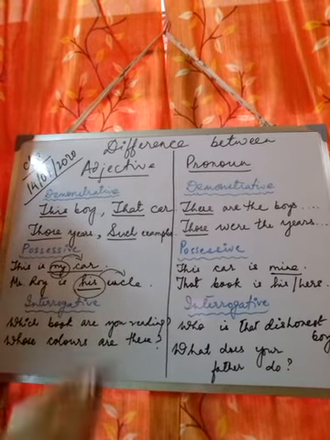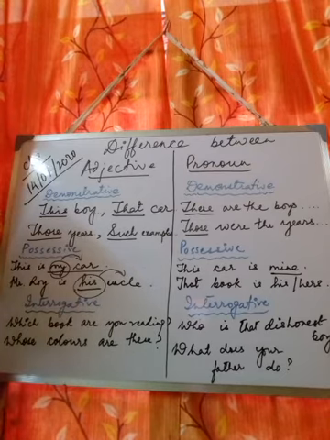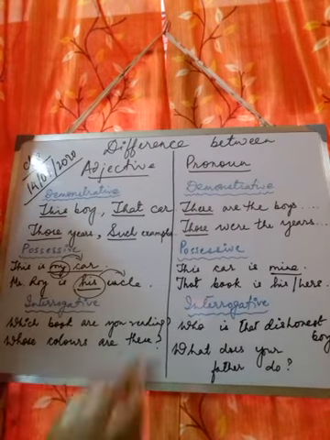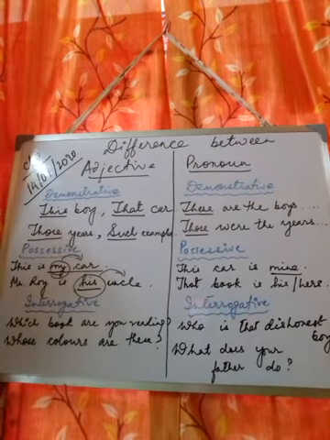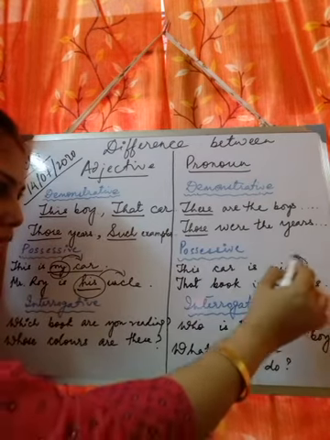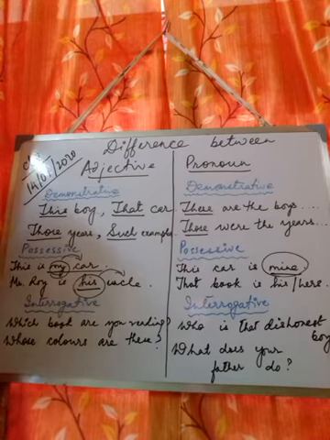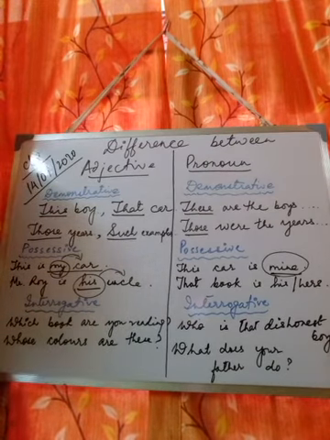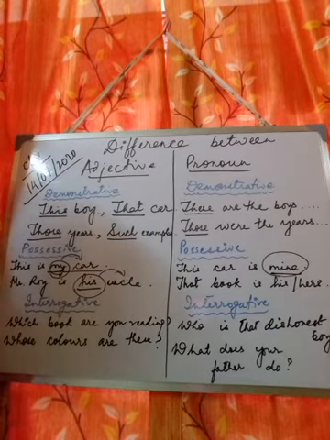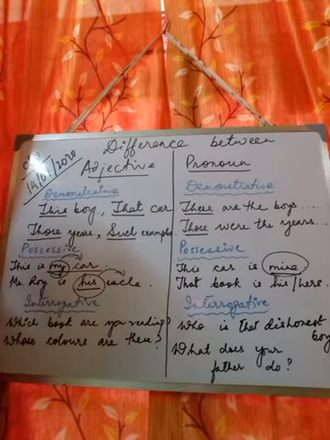Now, in contrast to possessive adjectives, we have possessive pronouns. This car is mine. So, mine is the word which stands here for possession. We cannot use my ever for possessive pronoun. Children, remember this. We cannot use our.